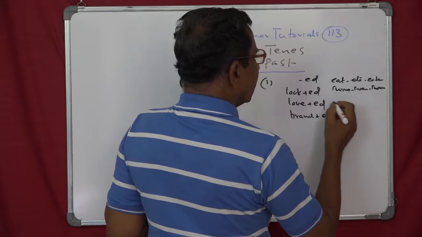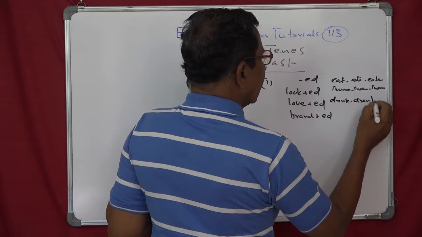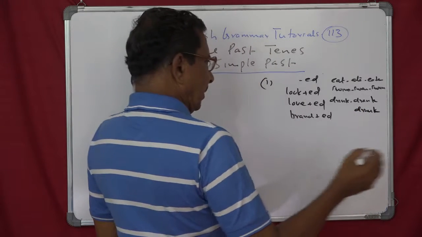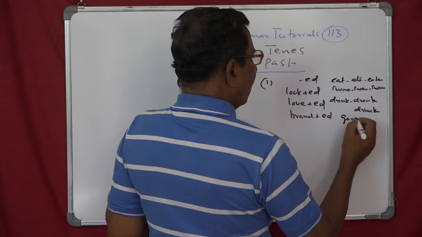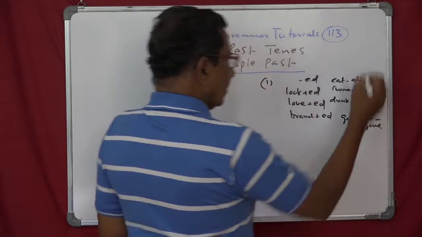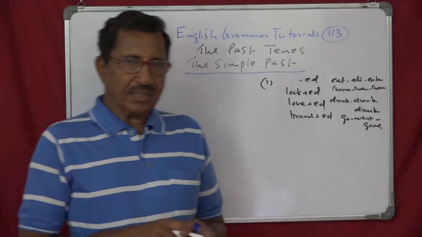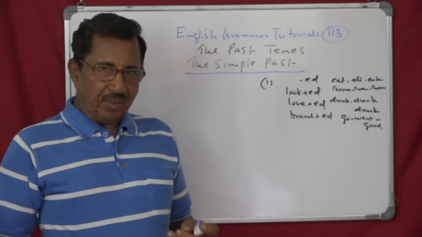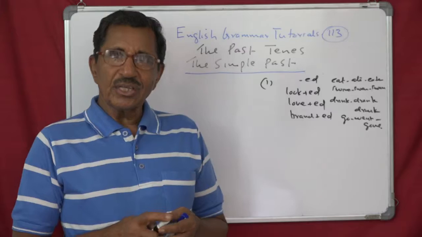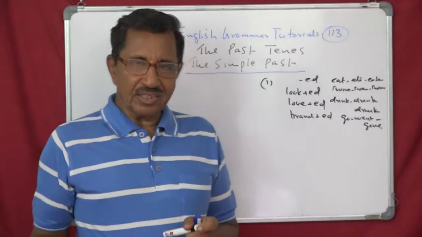Swim, swam, swum. Drink, drank, drunk. You are very familiar, no? Go, went, gone. So the third form of the verb, B3, we said past participle. So past tense, for the time being you understand, is made by adding the suffix ed to 90% of English verbs. Very simple. So form is very simple.